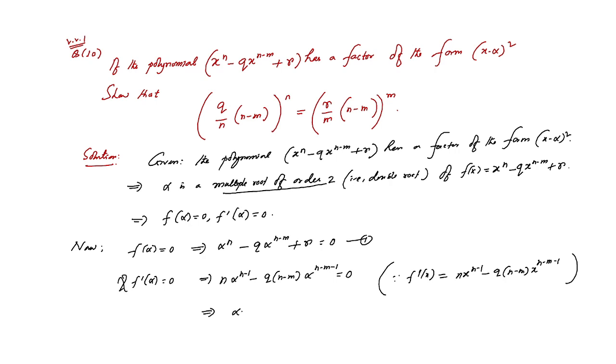That implies you will take the common alpha to the power n minus 1. So this is our equation number 2.